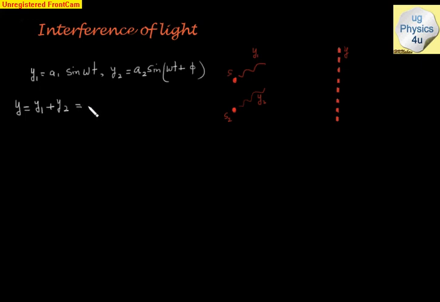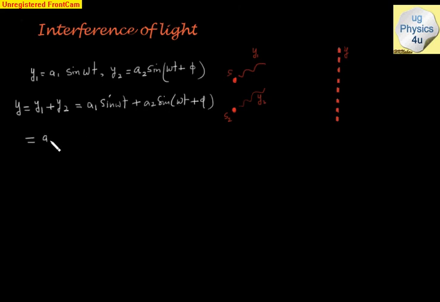On substituting the values, we get y equals a1 sine omega t plus a2 sine of omega t plus phi. Now we can solve it using the trigonometric relation for sine of a plus b.